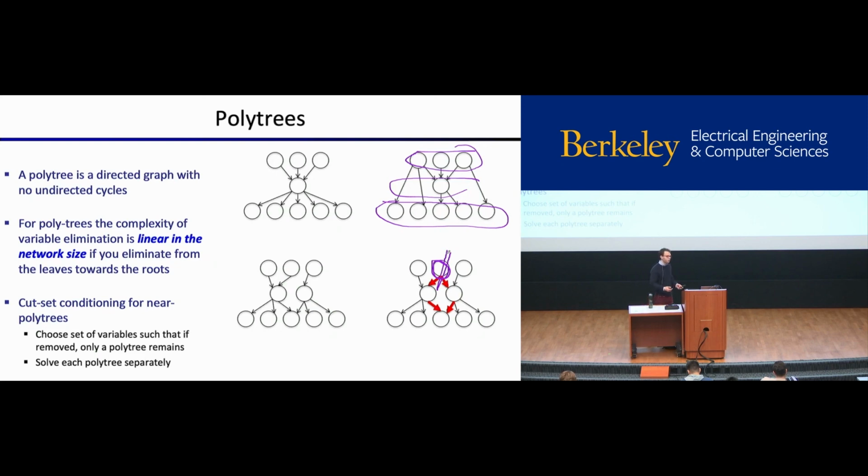And so if you have a small number of nodes that form what we call a cut set, then you can use this cut set conditioning in order to get these near polytrees to look like polytrees. So this is a type of structure that we can sometimes find, and if we can find it, then we can get some really efficient variable elimination algorithms. So we just solve each polytree separately.